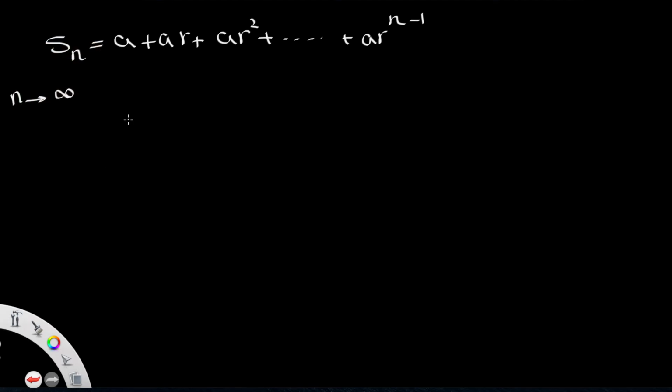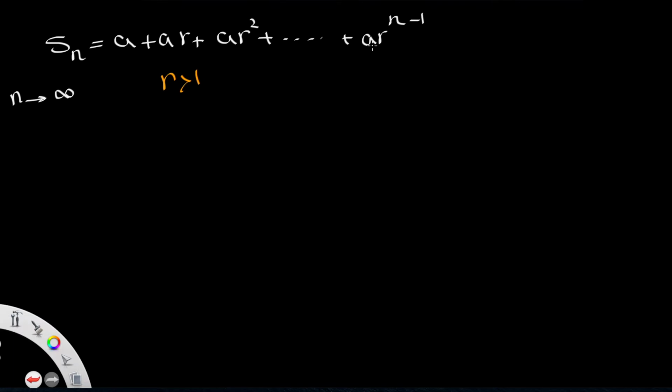See if the common ratio, which is r, is a number greater than 1. We know that when you have a number greater than 1, like 1.5, 1.2, 2, 3, any number greater than 1, when the power increases, these terms will be increasing, and if you have a power tending to infinity, then these terms will tend to infinity.